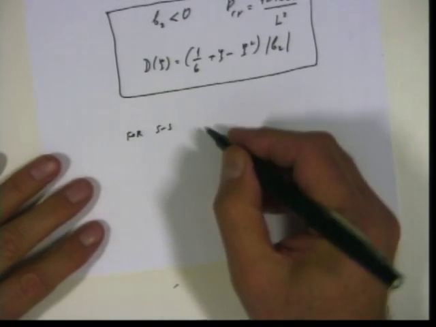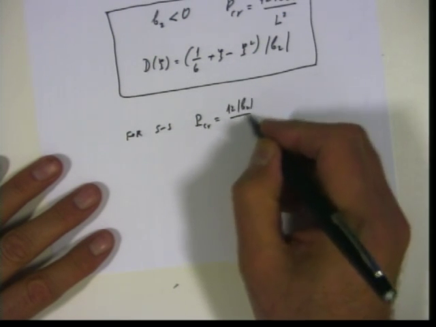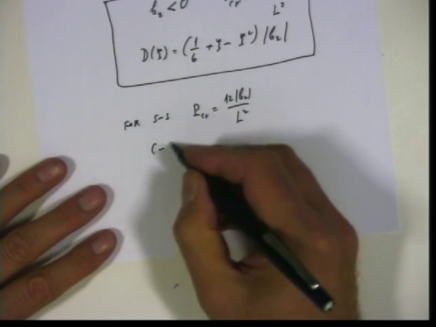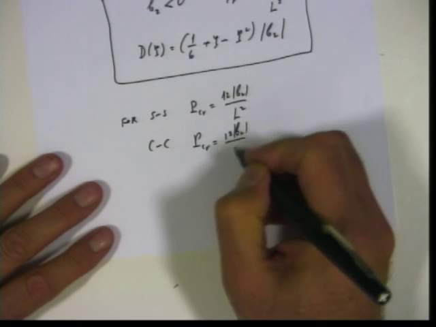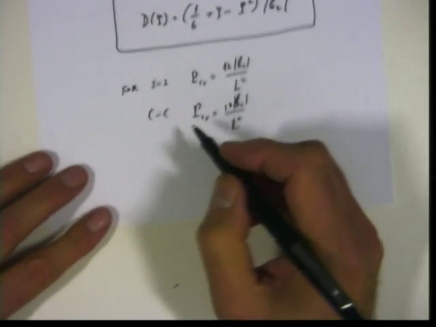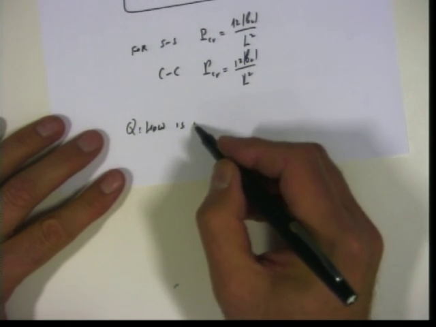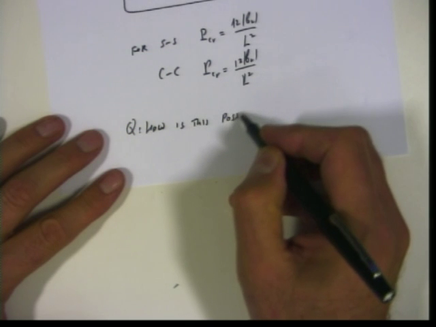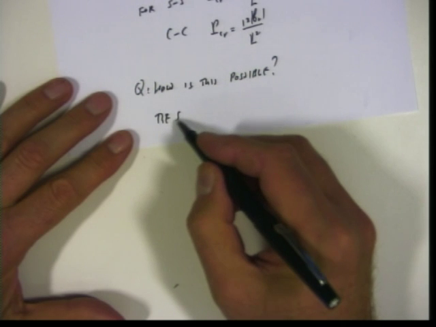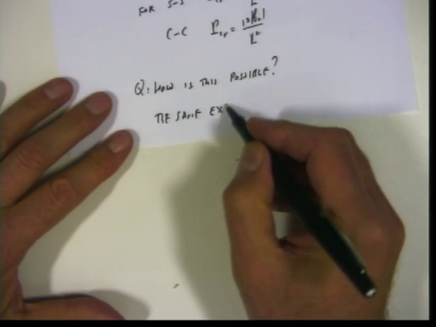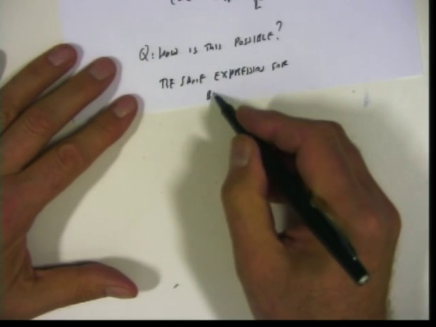For the simply supported beam, we got P critical equals 12 B2 over L squared. For clamped, we got P critical again equals 12 absolute value of B2 divided by L squared. Question: how is it possible? The same expression for buckling load.